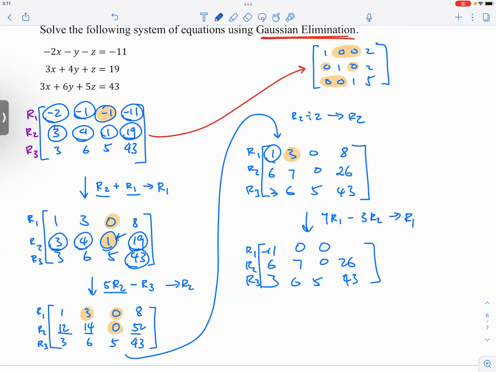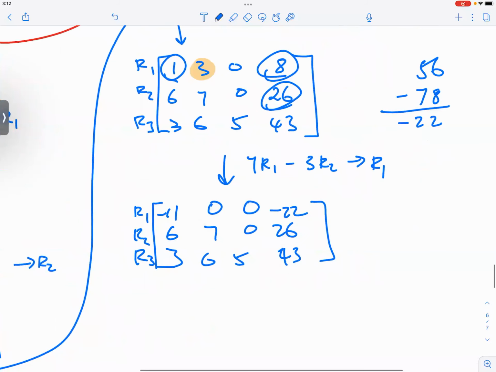And then now 7 times 50, 7 times 8, and then 7 times 8 would be 56, minus 3 times 26, which is 78, which would get you a number of what? Negative 22. Okay, so now we are very excited because now let's use green color to celebrate this moment because now we have 0, 0.